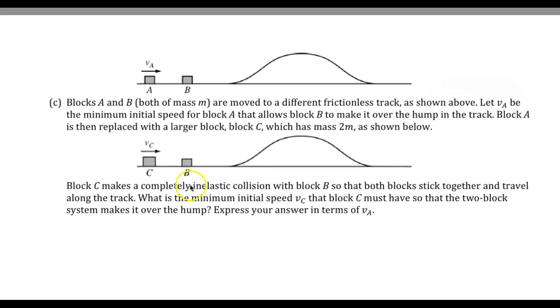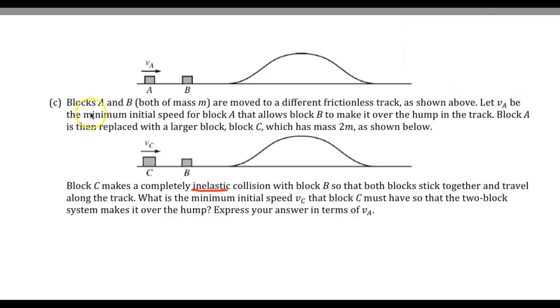Block C makes a completely inelastic collision, meaning they stick together with block B, so that both blocks stick together and travel along the track. What is the minimum initial speed VC that block C must have so that the two blocks make it over the hump? Express your answer in terms of VA.